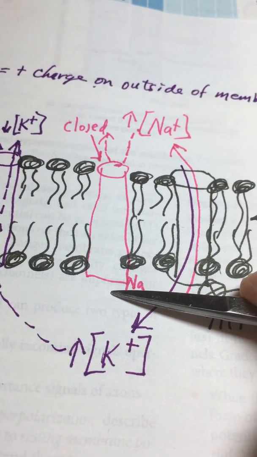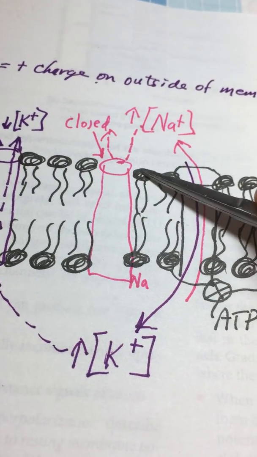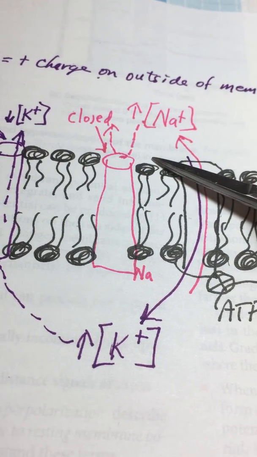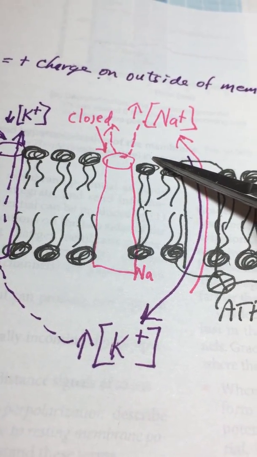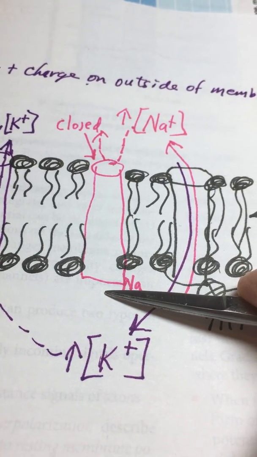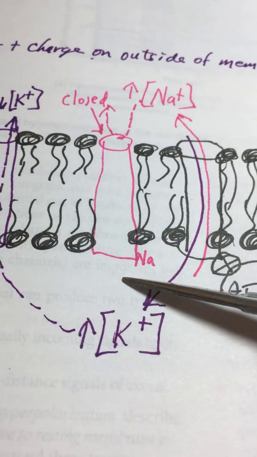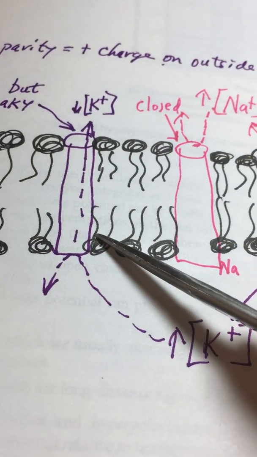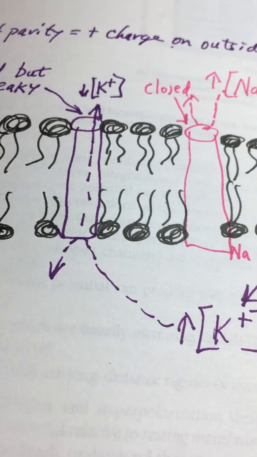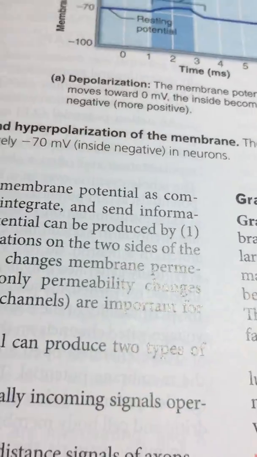That's depolarizing. Right, so we're polar at this moment in the resting potential because there's more positive outside and more negative on the inside. So if I open the sodium channel, I will depolarize. If I open the potassium channel, I will hyperpolarize, okay, or inhibit.